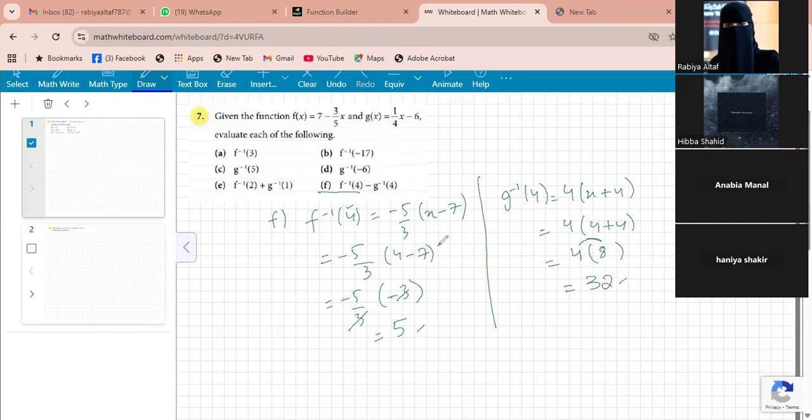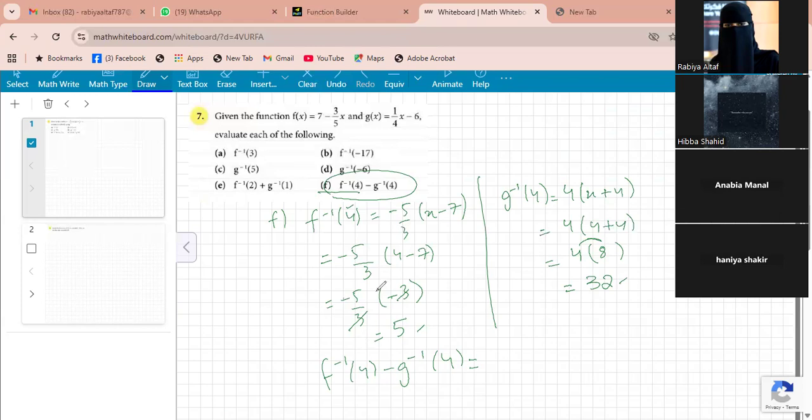Okay, after solving these two, we have this equation, f inverse of 4 minus g inverse of 4. Any idea what to do next? We will separate them and solve.